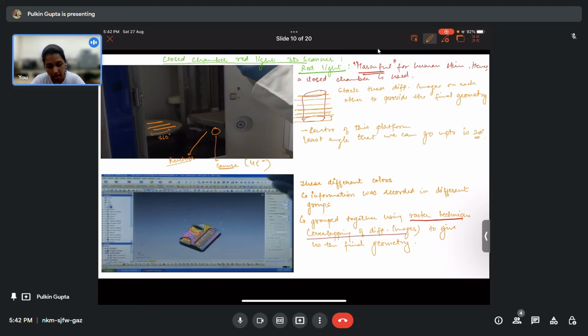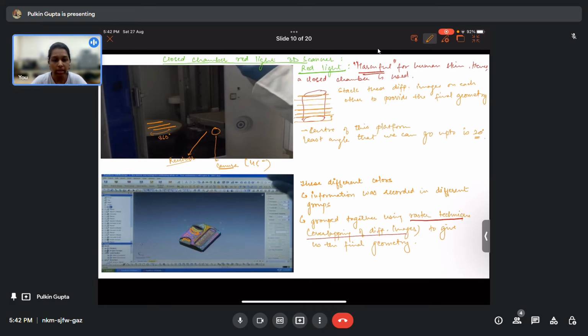Now there is light emission, red light is emitted and that is received by the receiver, which has the information about the contours of the physical object that is placed on this platform. So that was about this closed chamber scanner.